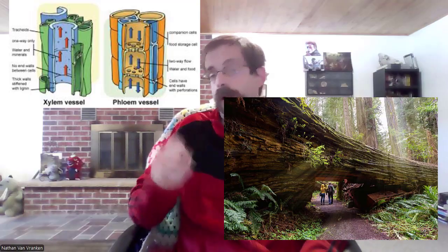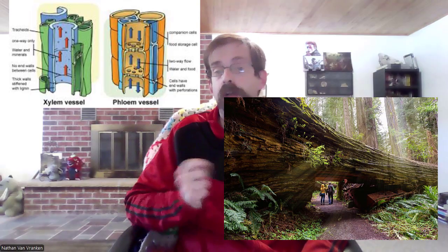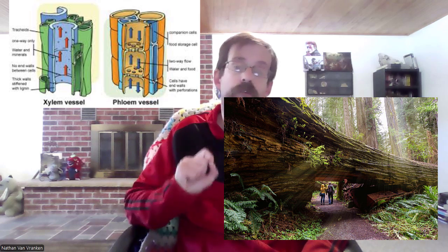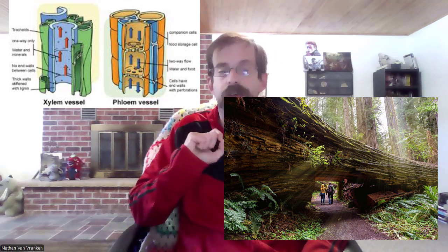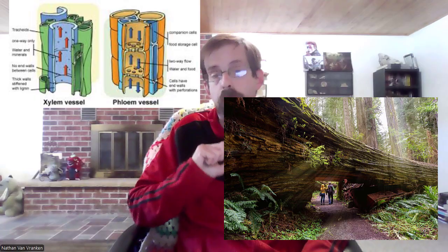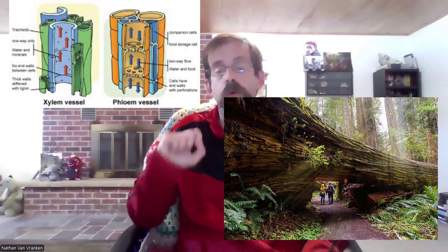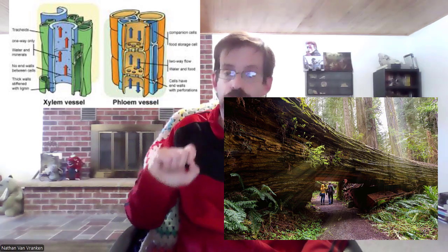This is an incredible engineering challenge, and the xylem makes that possible. And when we take a look at the botanical world, the giant redwood trees found in California can grow over 300 feet tall, and the xylem is proportional to the size of the tree.